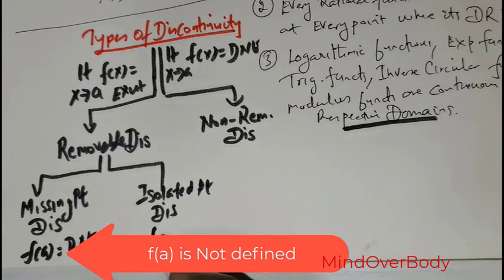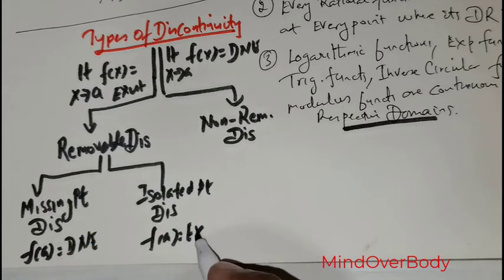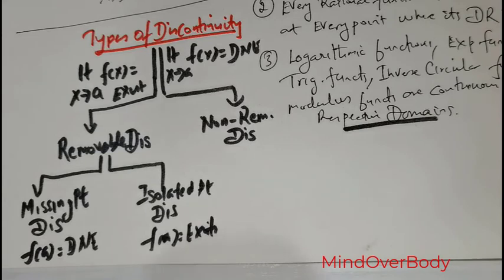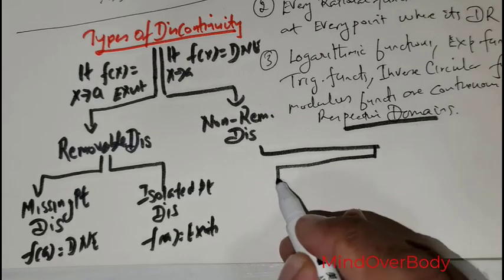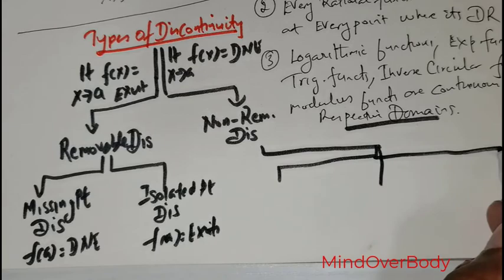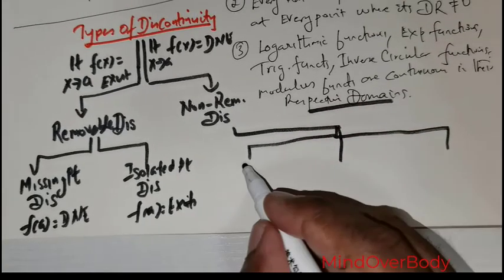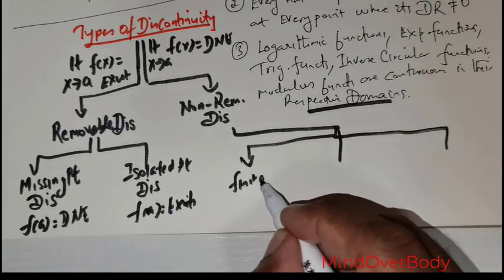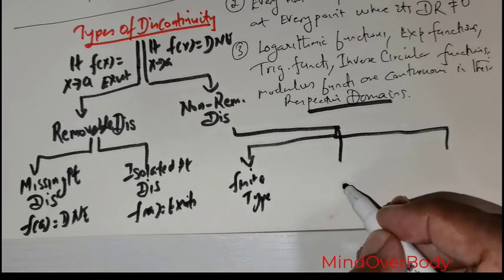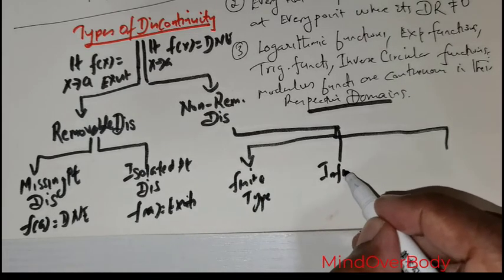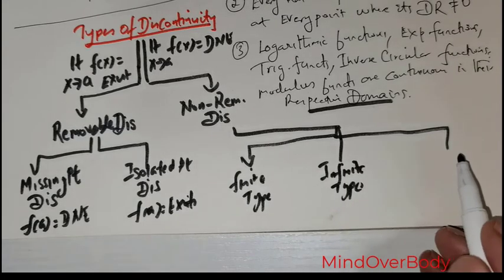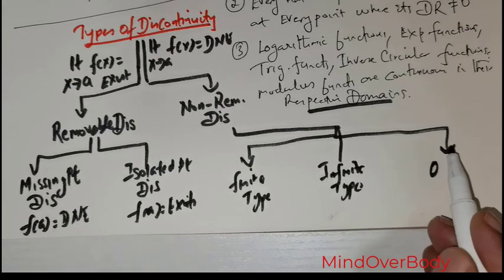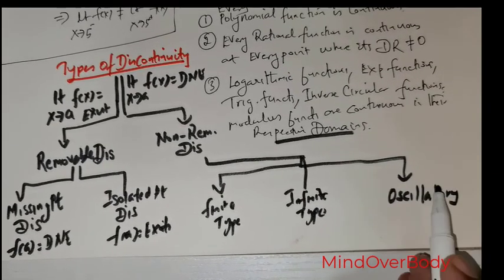In isolated point discontinuity, f of a exists. These are the two things you got to keep in mind. This has got quite a branch. So you got 3 sects in this. The first sect is called the finite type. The next is called the infinite type. And the last branch is called the oscillatory type.